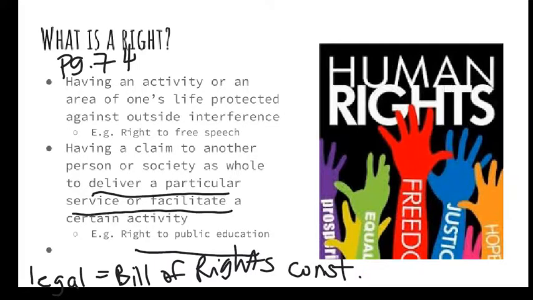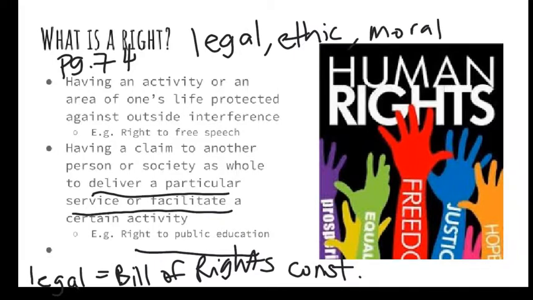And so oftentimes when we talk about rights, this is where we're getting into the question of ethics: what is legal, what is ethical, and what is moral. So for example, the Bill of Rights protects some basic rights like freedom of speech, freedom of assembly, freedom of religion. But what about other ways we use the term rights?